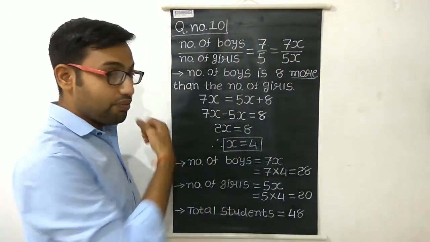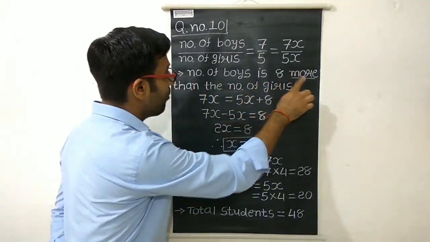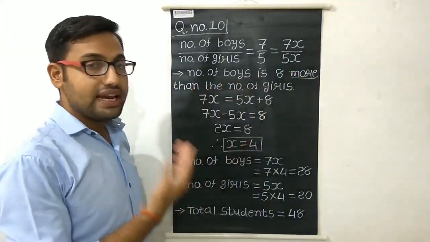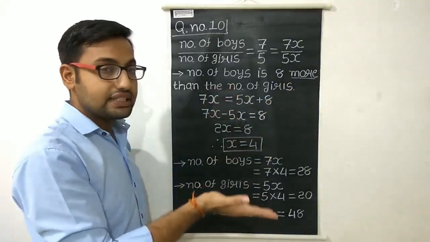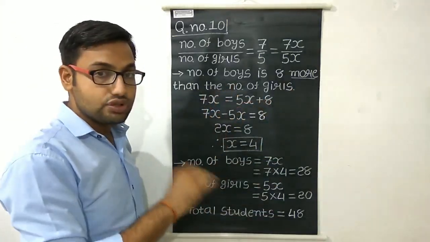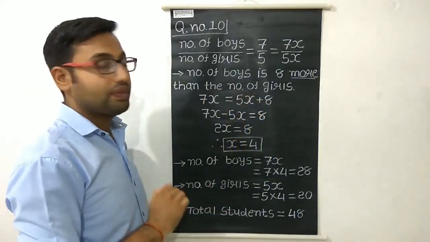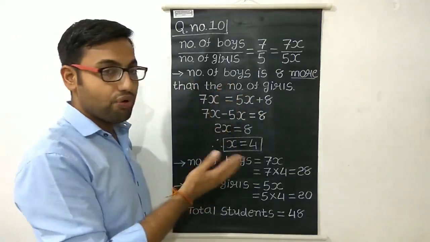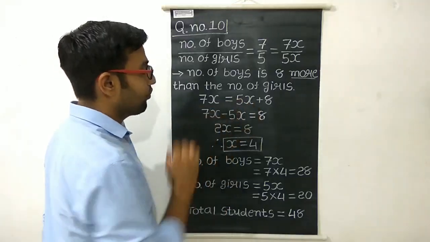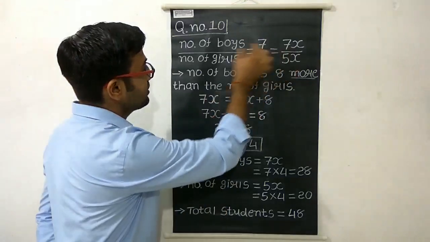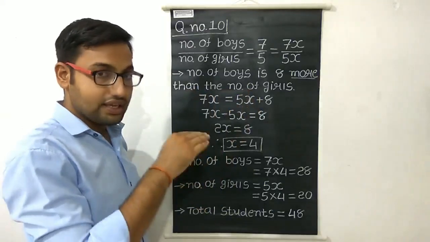Okay. So now one more thing given in the question is that the number of boys is 8 more than the number of girls. 8 more means greater. The number of boys is greater, the number of girls is smaller. So we cannot directly compare them, because the number of boys 7x is a greater number and the number of girls 5x is a smaller number.